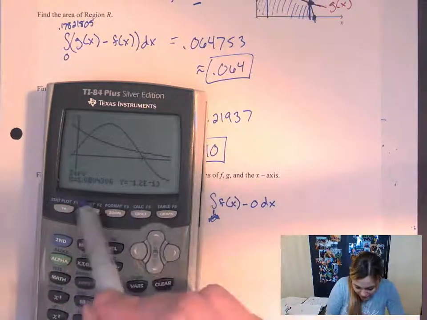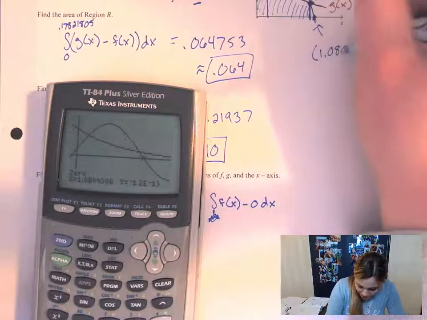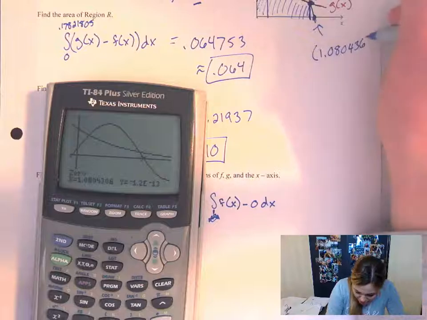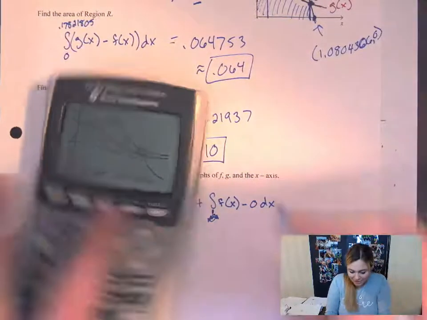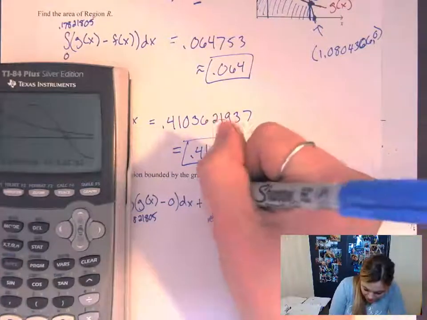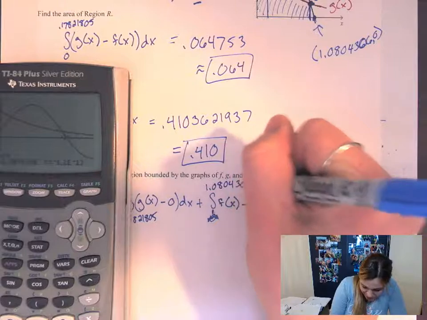And I can see the 0 is at 1.0804306. So this would be 1 to 1.0804306. So you'd have to change every time.